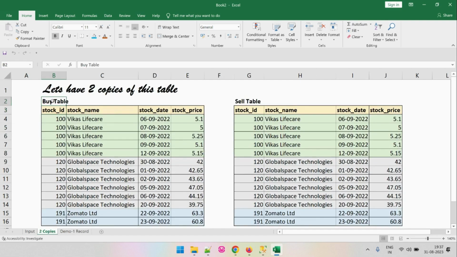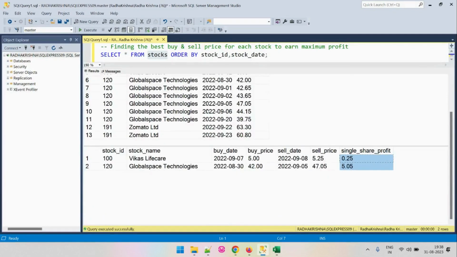One we will call the buy table and one we will call the sell table. So it's kind of a self join that we are going towards. We will understand how we are going to approach this problem as well as write the query together, step by step.